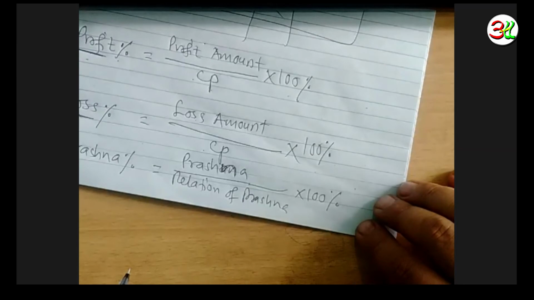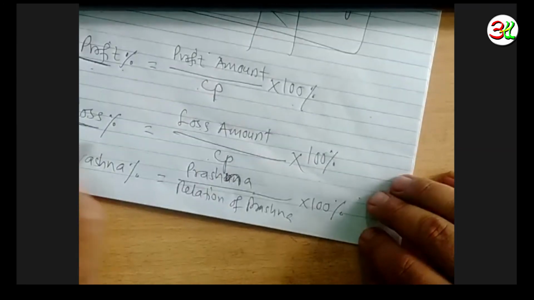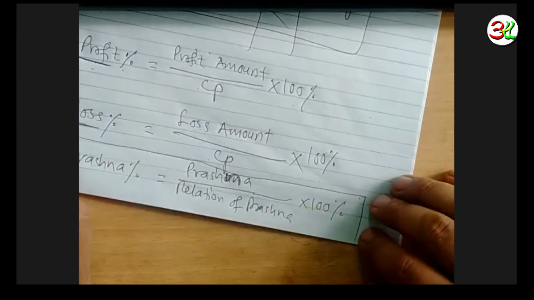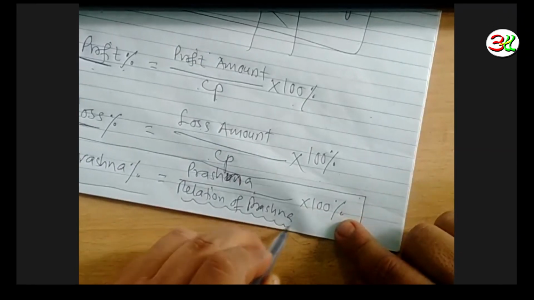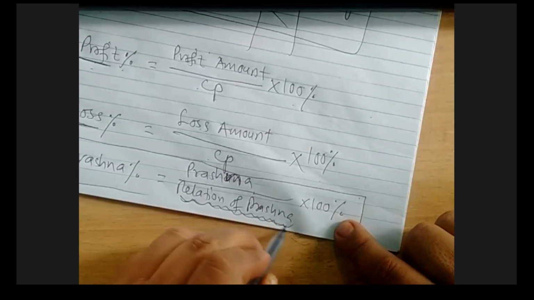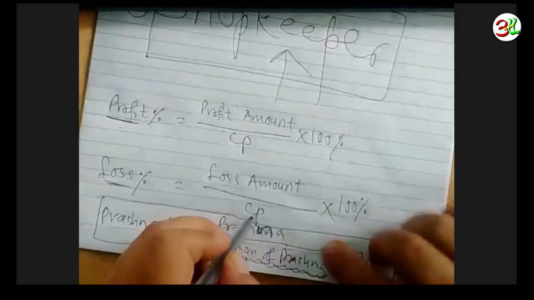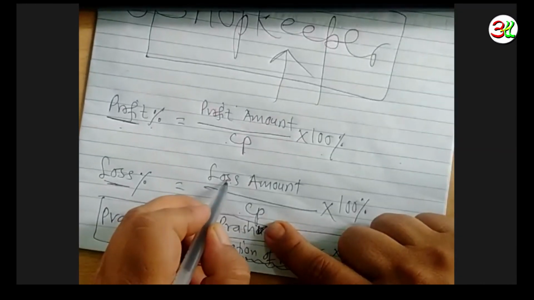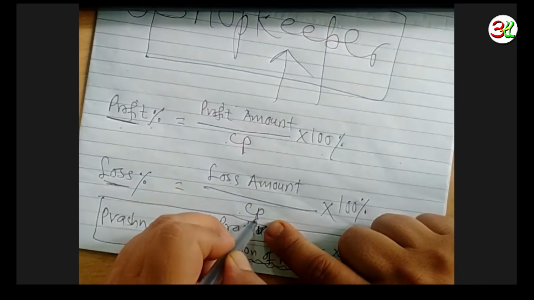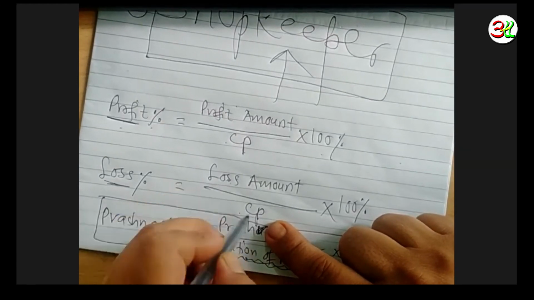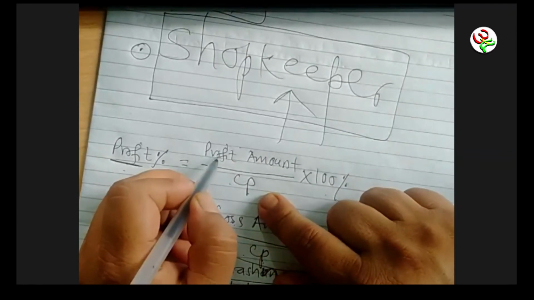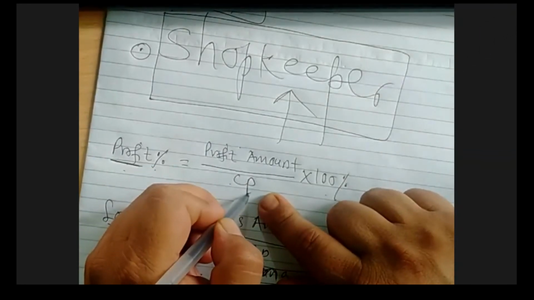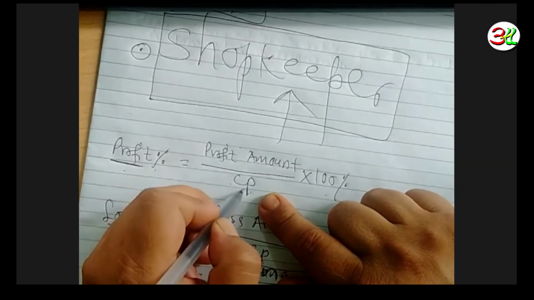Okay, this is just for fun, but remember this word, relation. Here it is divided by CP because loss is related to cost price, or profit depends on CP.